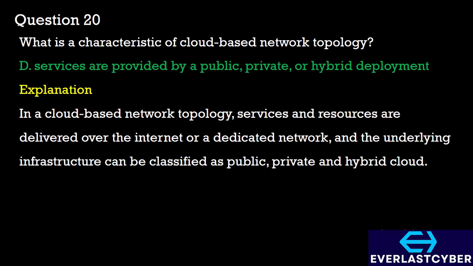In a private cloud, the infrastructure is dedicated to a single organization, and it is either managed internally or by a third party. Hybrid cloud combines both public and private cloud infrastructures, and it allows for greater flexibility in resource management. So that's the major characteristic of a cloud-based network topology. You have the option of using either a private cloud, a public cloud, or a hybrid cloud deployment.